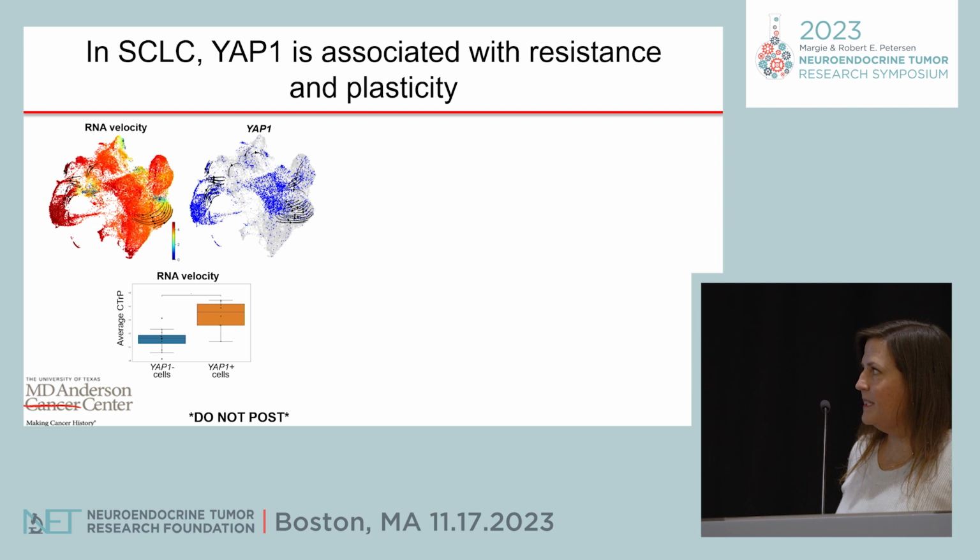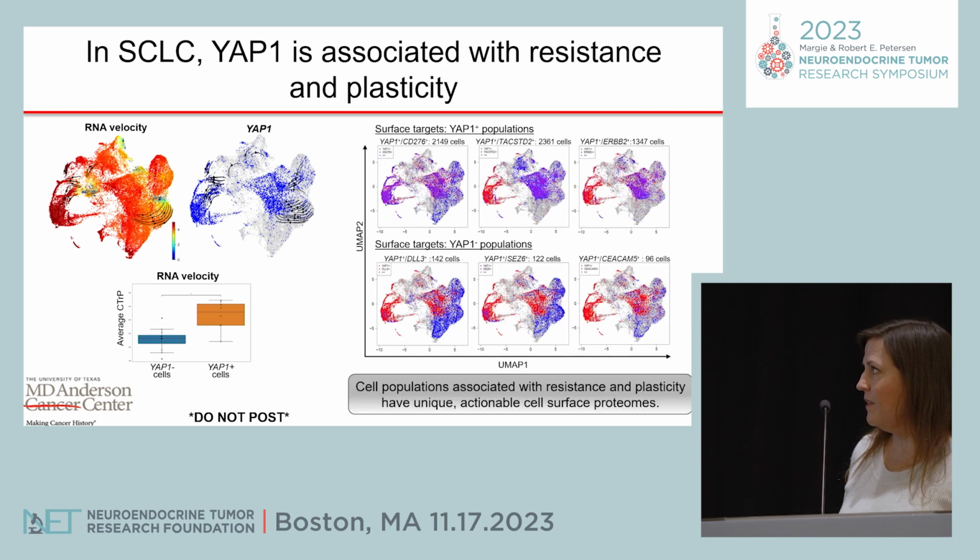And as I mentioned previously, YAP1 is not a subtype-defining transcription factor in small cell lung cancer. So it's not expressed in treatment-naive disease, but at recurrence, YAP1 is expressed. And in small cell lung cancer, YAP1 is expressed specifically in these highly plastic populations. So the RNA velocity is greater in YAP1 positive cells in small cell lung cancer.